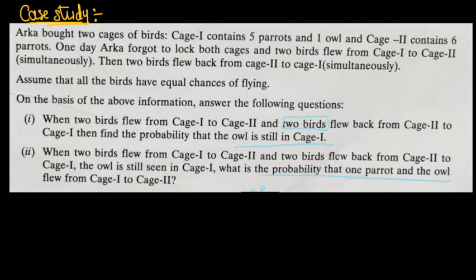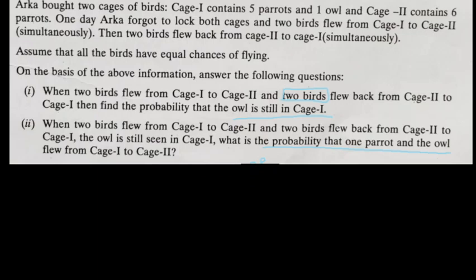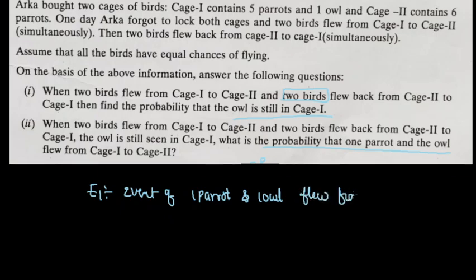When 2 birds flew from cage 1 to cage 2 and 2 birds flew back from cage 2 to cage 1, find the probability that the owl is still in cage 1. Let us say E1 is the event of one parrot and one owl flying from cage 1.